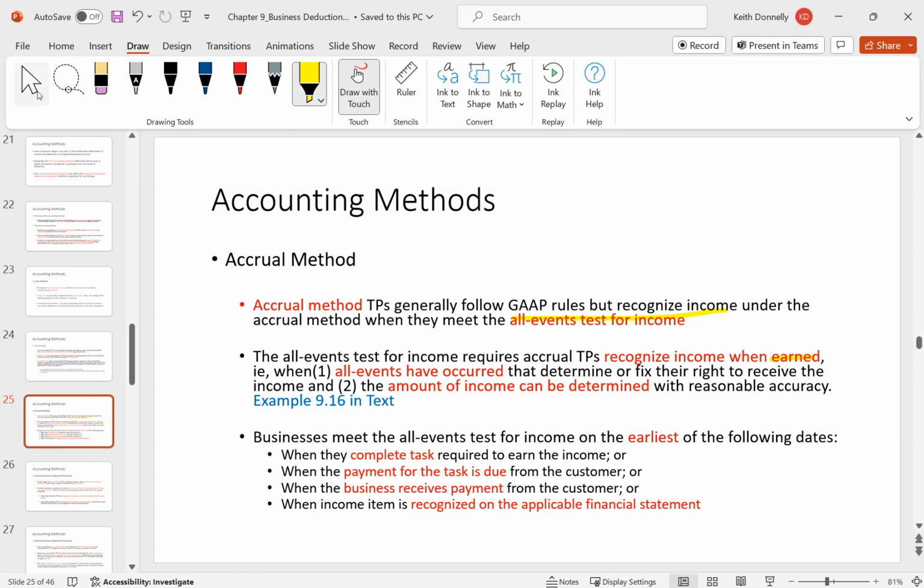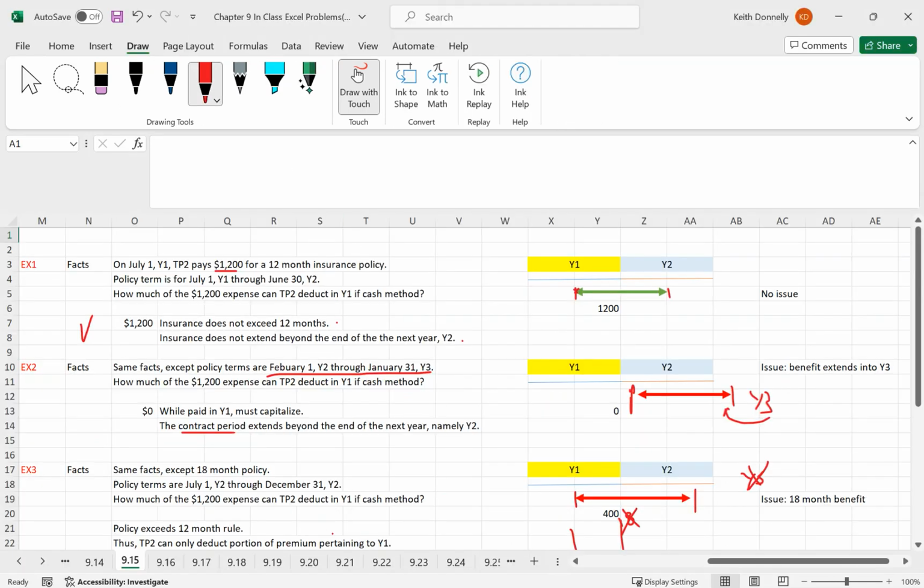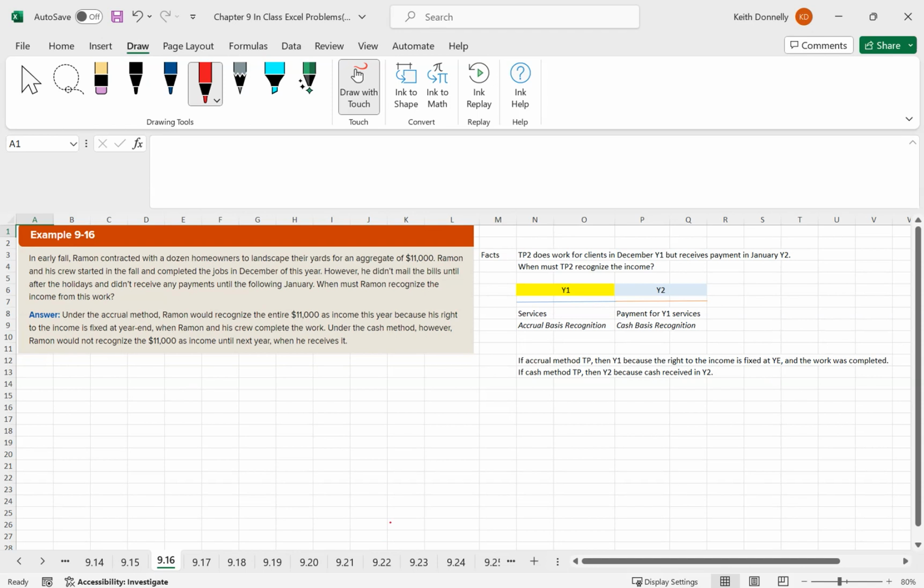So let's look here at 916. We have a taxpayer who does work for clients in December year 1, but they receive payment in January year 2. When do they recognize the income? If it's an accrual basis, then in year 1 they're going to recognize it.